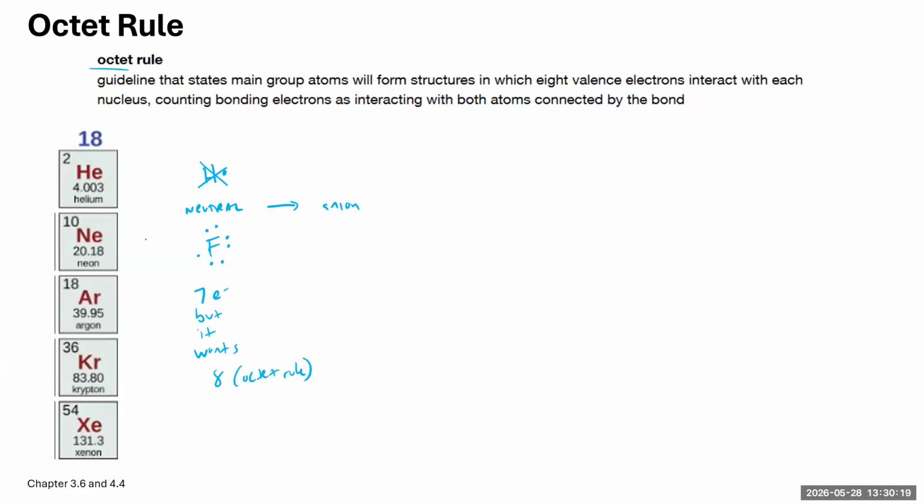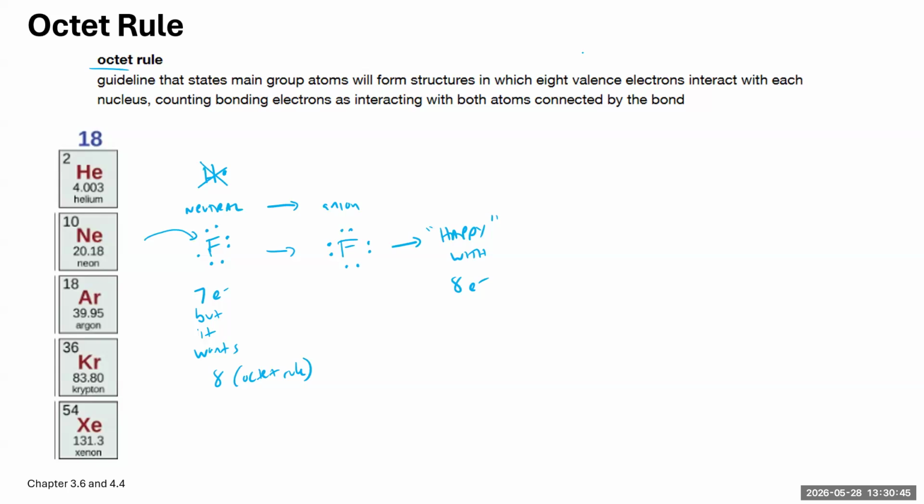So what happens is another electron comes in, and then it becomes F⁻. It takes an electron from somewhere, from something, right? And now we have happy, right? Happy with eight electrons.